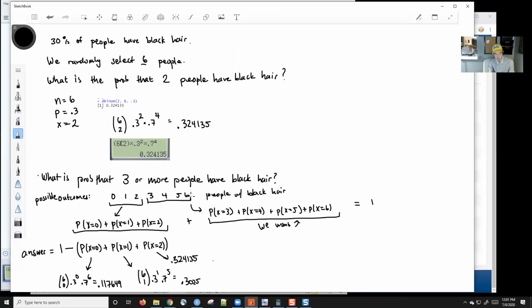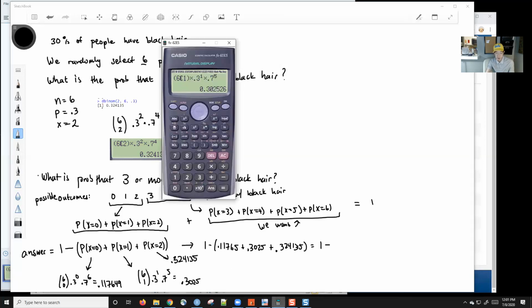Okay, and then when I add all of these up, I'm going to get 1 minus 0.11765 plus 0.3025 plus 0.324135. 1 minus, how much do these numbers add up to? Okay, so I got this number plus 0.324135 plus 0.117649.